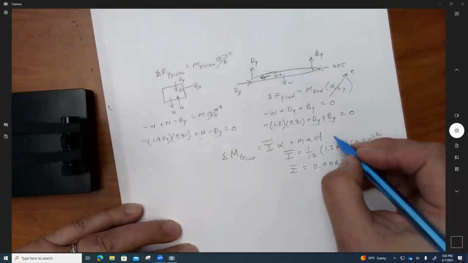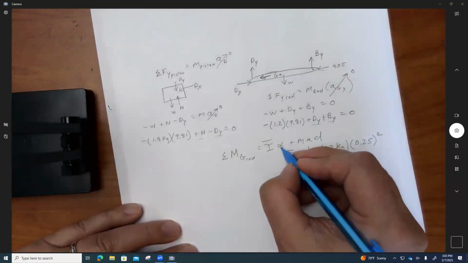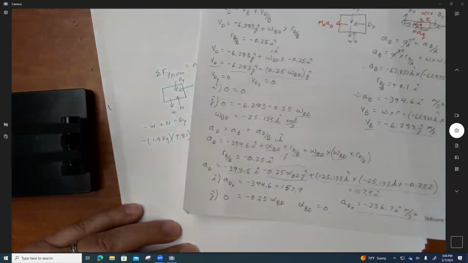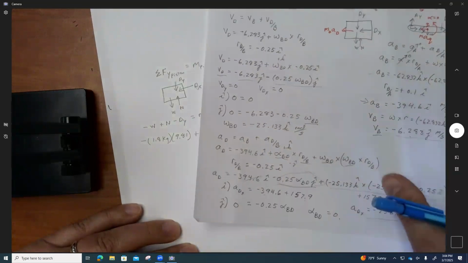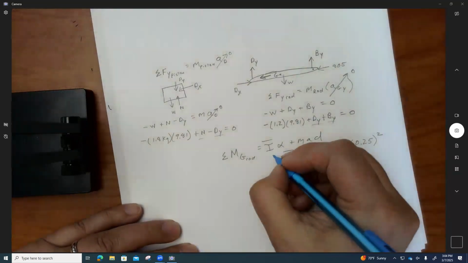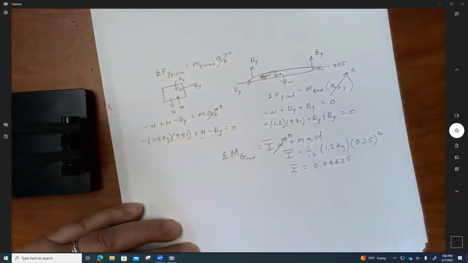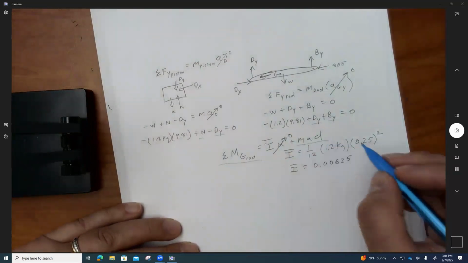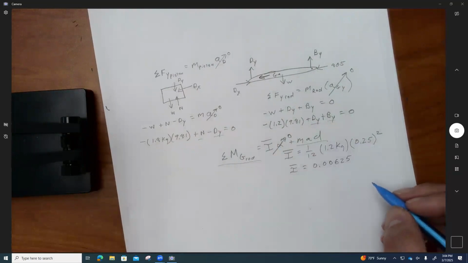And if we look at our alpha for the rod, we found that alpha of BD is equal to 0, so that cancels out that term. All we would be left with would be the MAD.